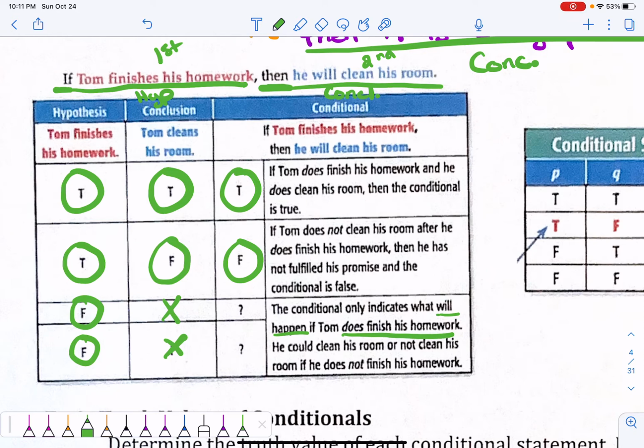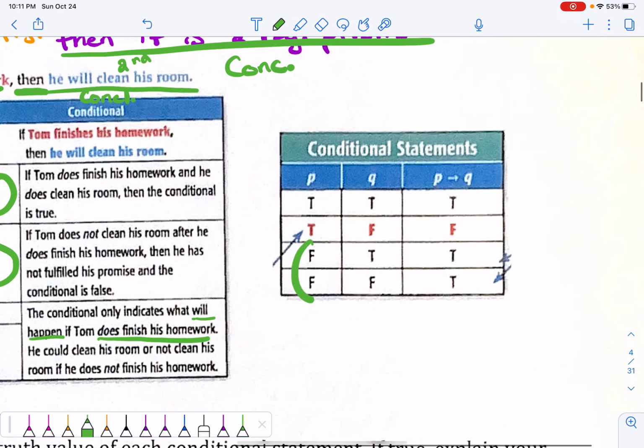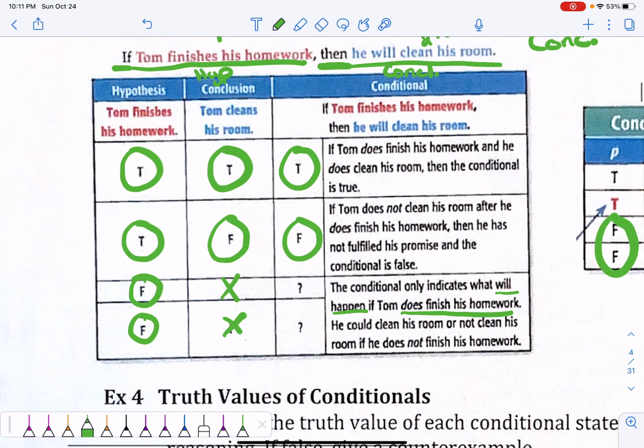Okay, now this is where you get ticked off. If the first statement is false, regardless of what these next two statements are, the whole statement is true. And it's frustrating to me, and I totally get it, but whatever. If the original statement is false, then the whole thing is true. If Tom finishes his homework and that is false and he doesn't get it done, then the whole statement is true.